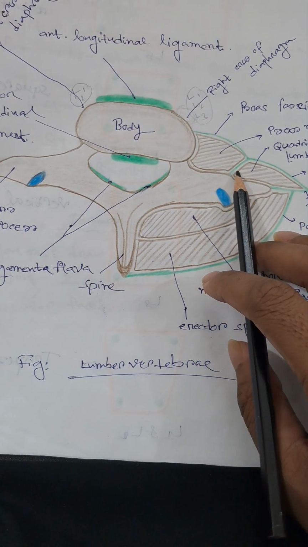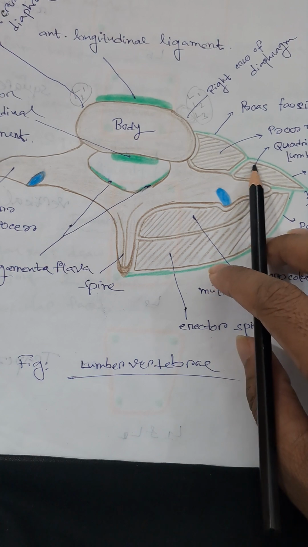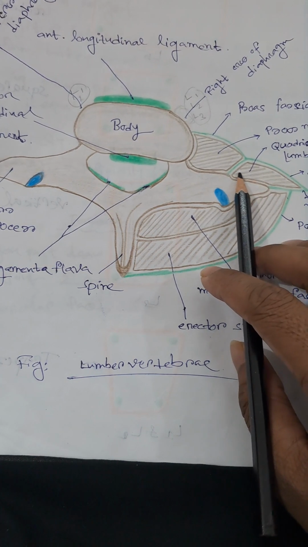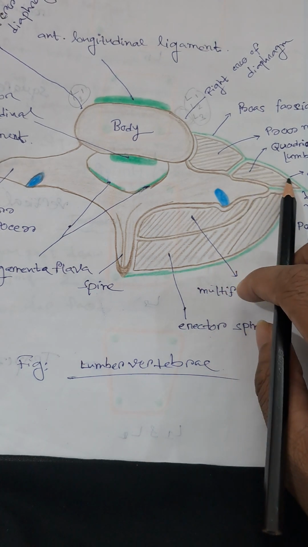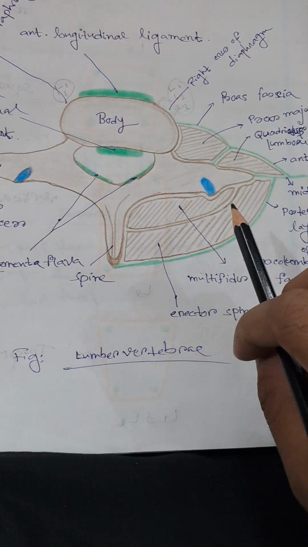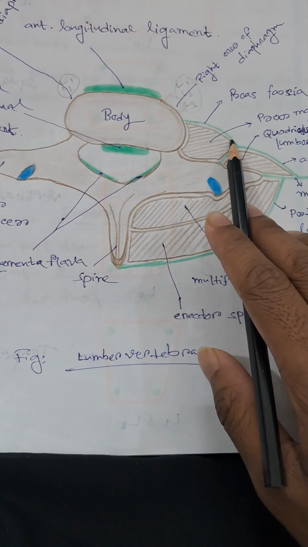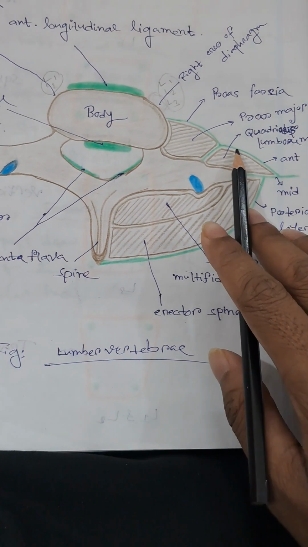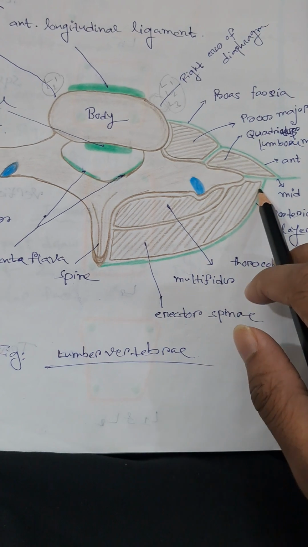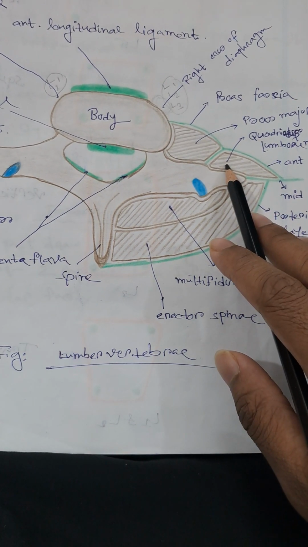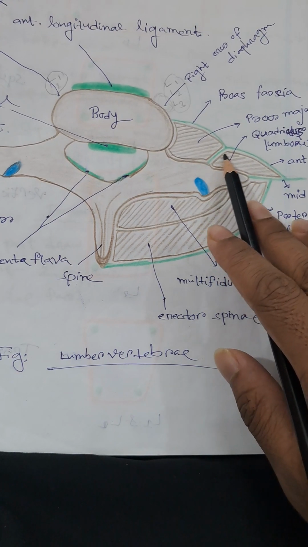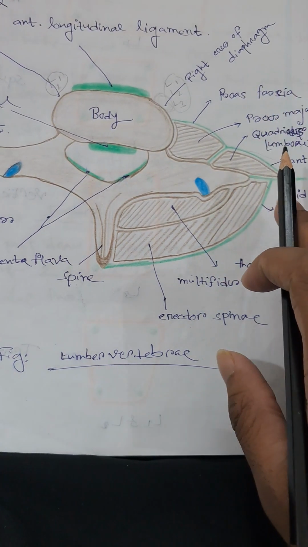Then comes the quadratus lumborum, which is attached to the vertical ridge of the transverse process and covered by the anterior layer of the thoracolumbar fascia. The thoracolumbar fascia has three layers: anterior, middle, and posterior. So quadratus lumborum is covered with the anterior layer.